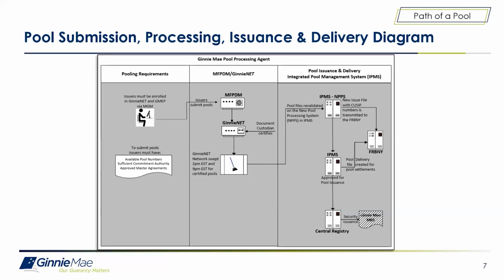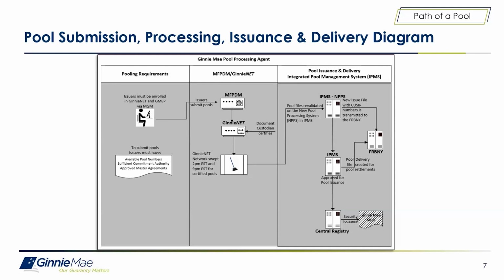And if there's an issue, it will catch it and push it out before the pool is issued. A new issue file is created for CUSIP numbers to transfer to the Federal Reserve Bank of New York.